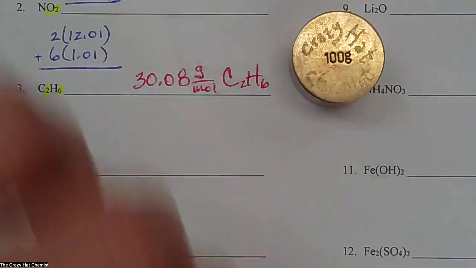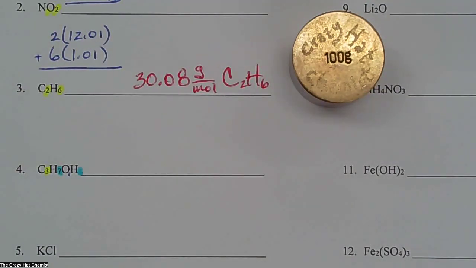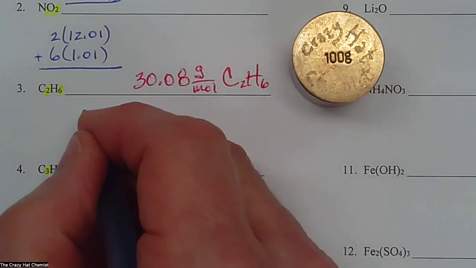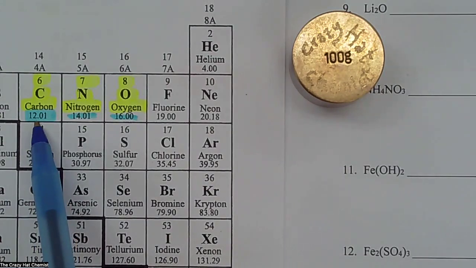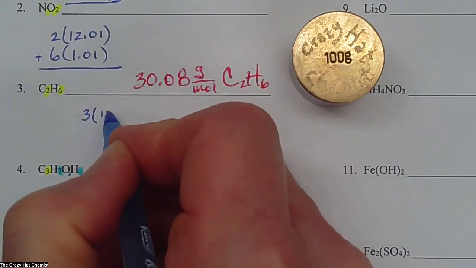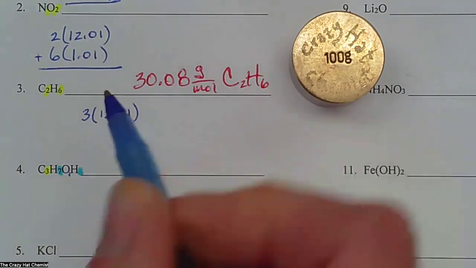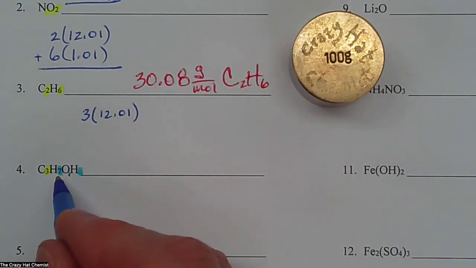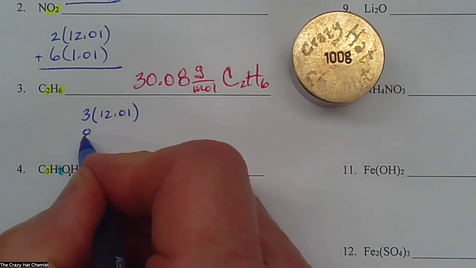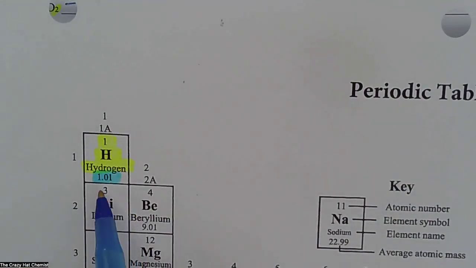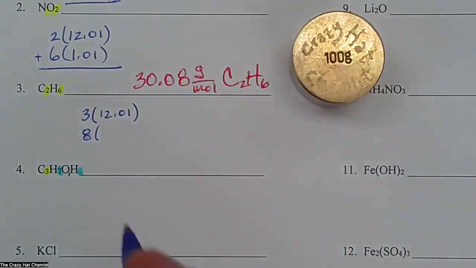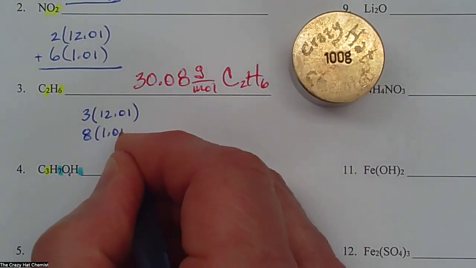So we've done all these elements here from our periodic table, but we'll just briefly discuss them here. So there are going to be 3 carbons. Carbon is right here with a molar mass of 12.01. And then hydrogen, there are 7 plus 1, that's 8 hydrogens. And the molar mass for hydrogen, atomic number 1, is 1.01.